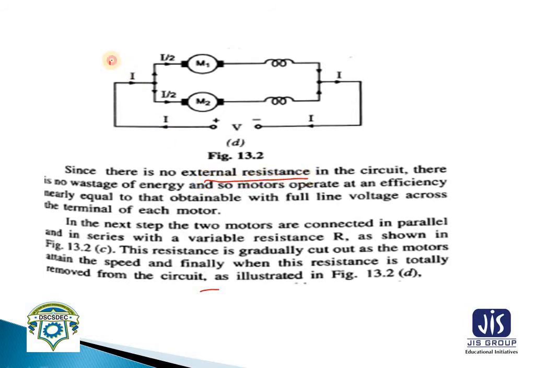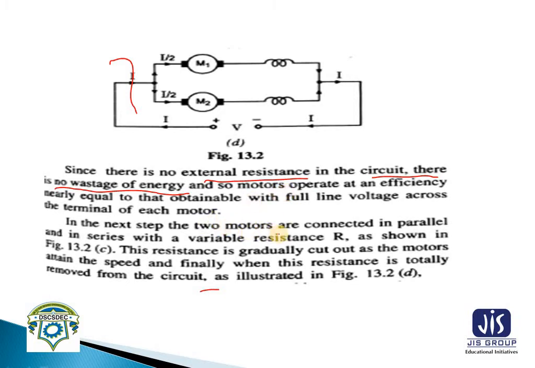There is no external resistance here. So now the motor will operate with the full voltage supply and there is no waste of energy, which happens in case of rheostatic control, and that problem has been solved in this series parallel control method.